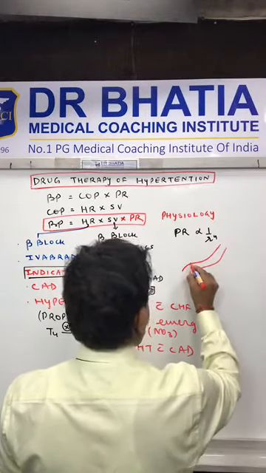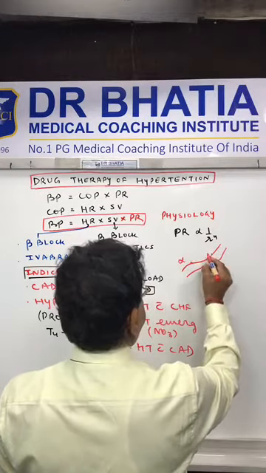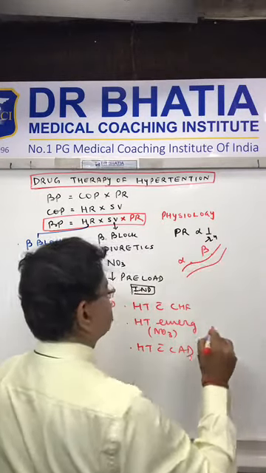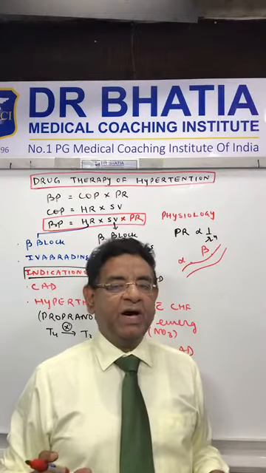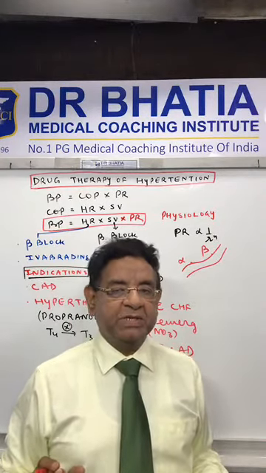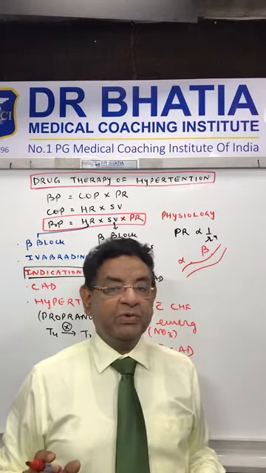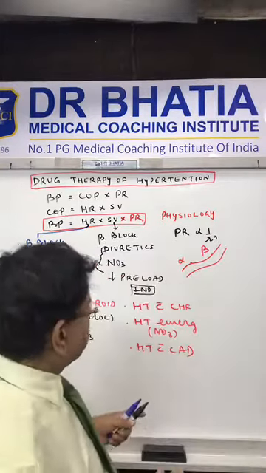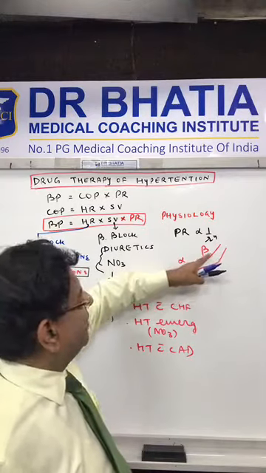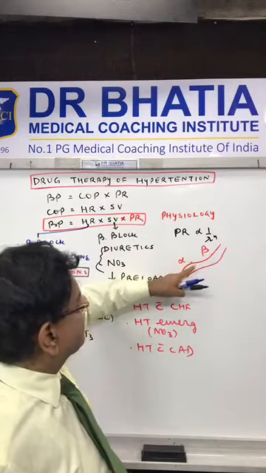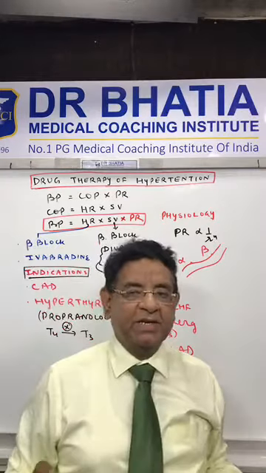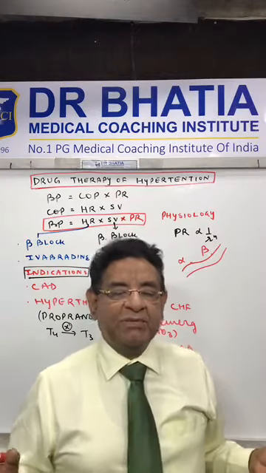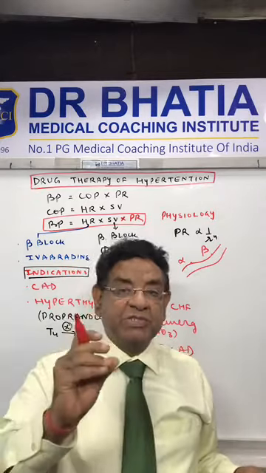And here we have alpha receptors. Here we have beta receptors. In the normal physiology, alpha are vasoconstrictors, beta are vasodilators, right? So when we give a beta blocker, there will be unopposed alpha action, and that will lead to vasoconstriction.